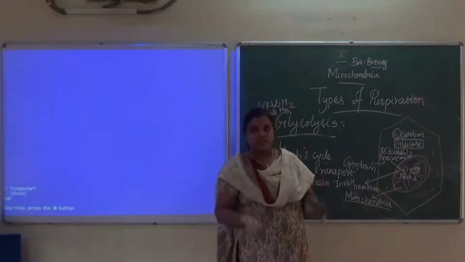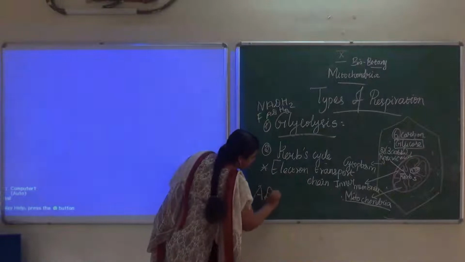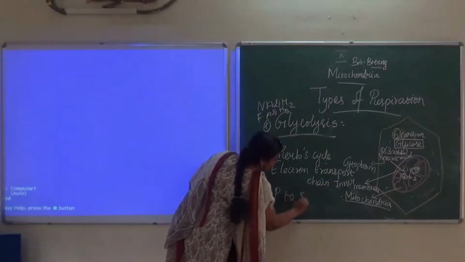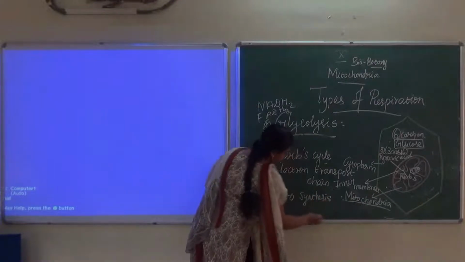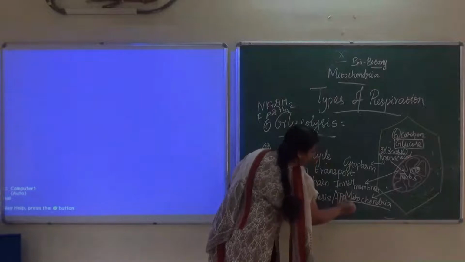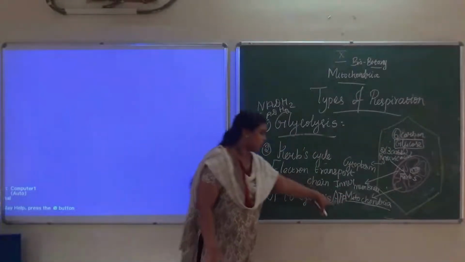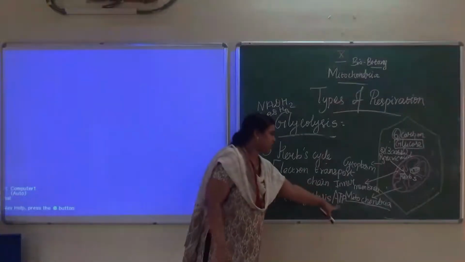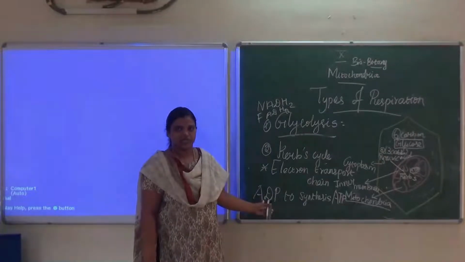Then that electron is used to convert ADP to synthesize ATP. So ADP is converted to ATP, and that is known as phosphorylation.